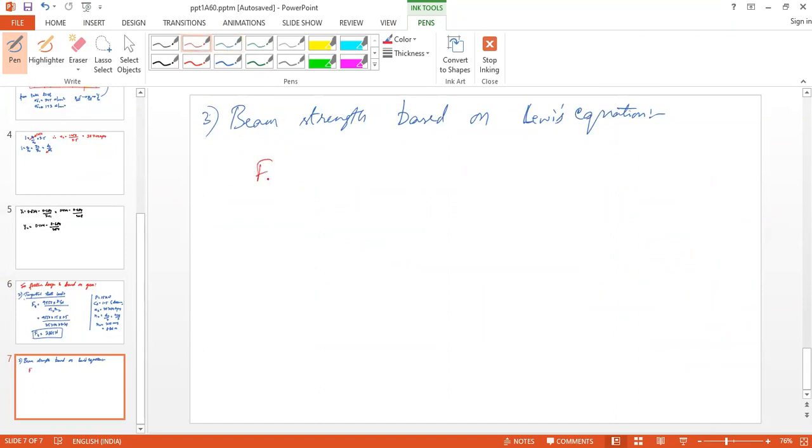That beam strength based on Lewis equation is given as Ft equal to sigma O Kv B Y pi m into R minus d by R. This is equation 23.433a.